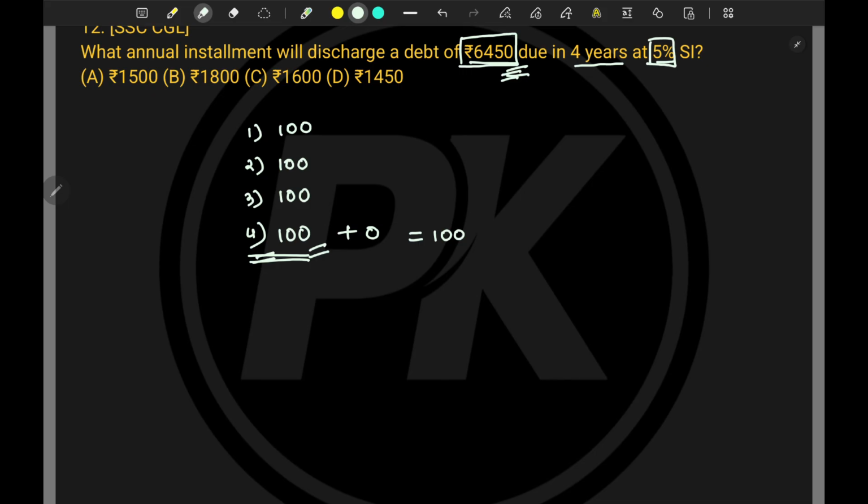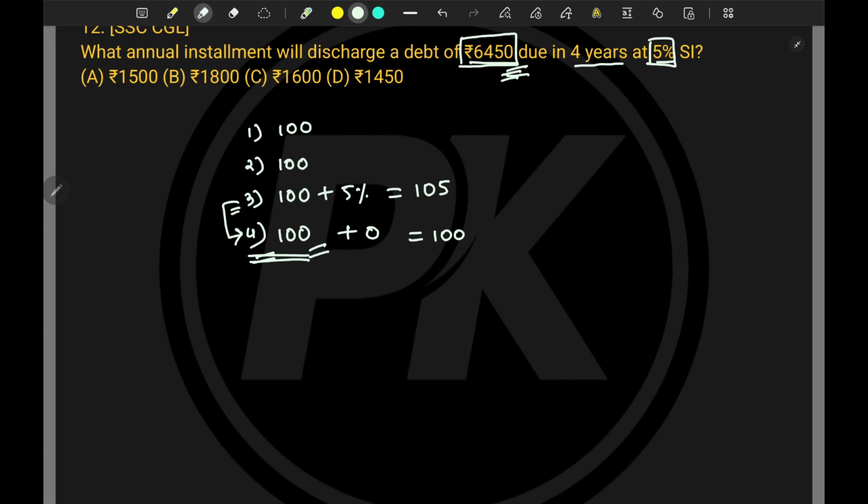Now coming to the year 3 payment. If I am paying 100 rupees here, there is one more year to go, so I will get a benefit of 5%, because I am paying right up front to close the debt, and still I have 1 year. So that amount will be 105.